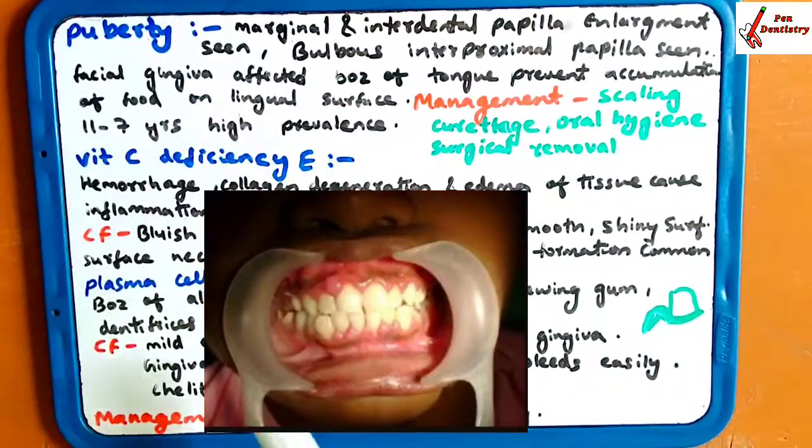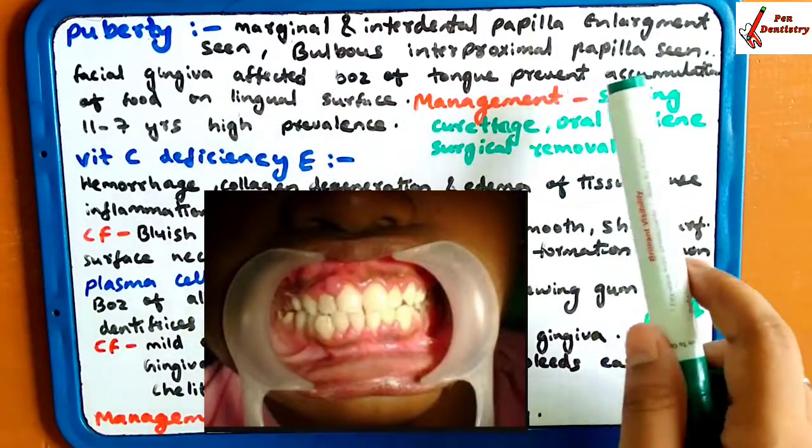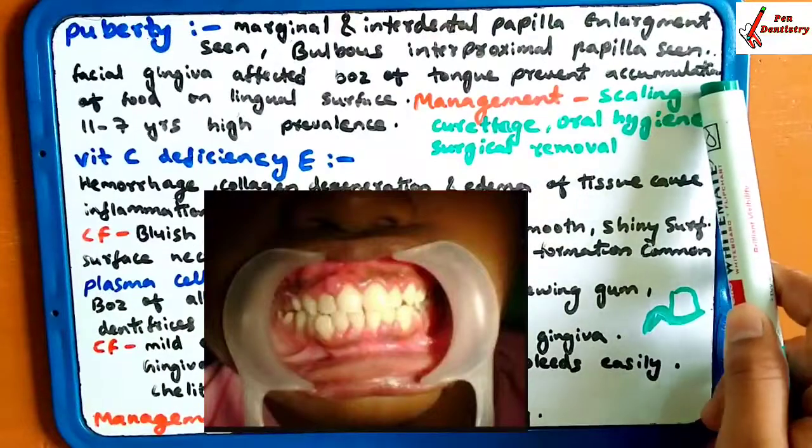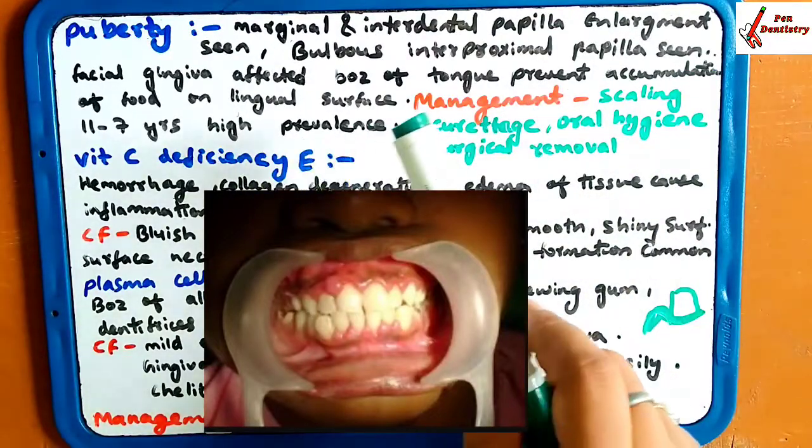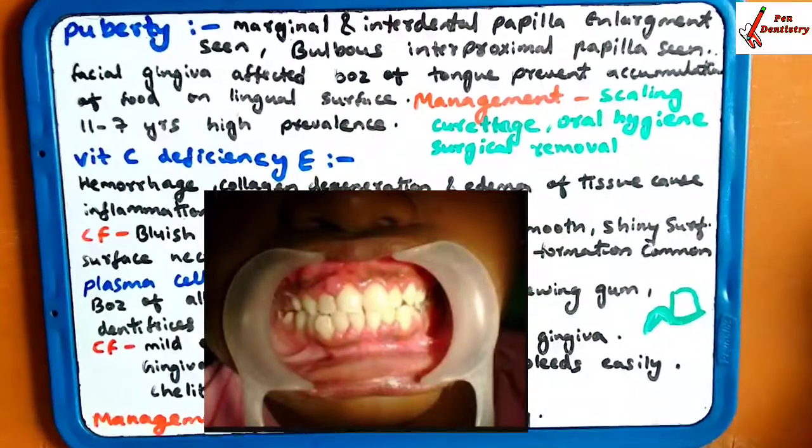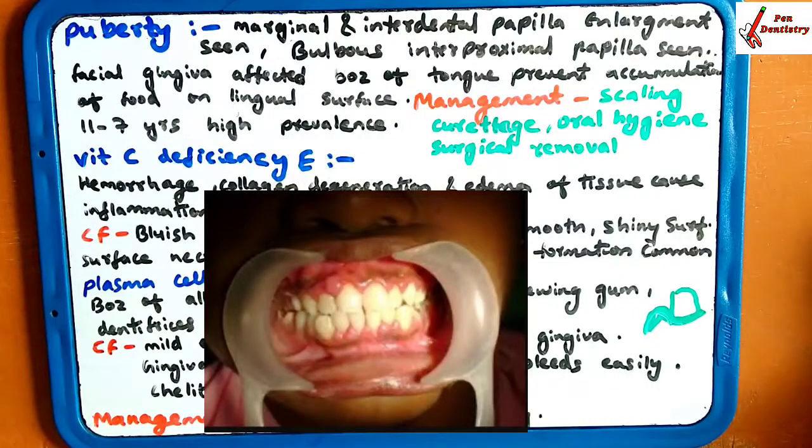The facial gingiva is affected because of the tongue present there and the accumulation of food takes place on the lingual surface more. Because of that, in puberty, this happens.